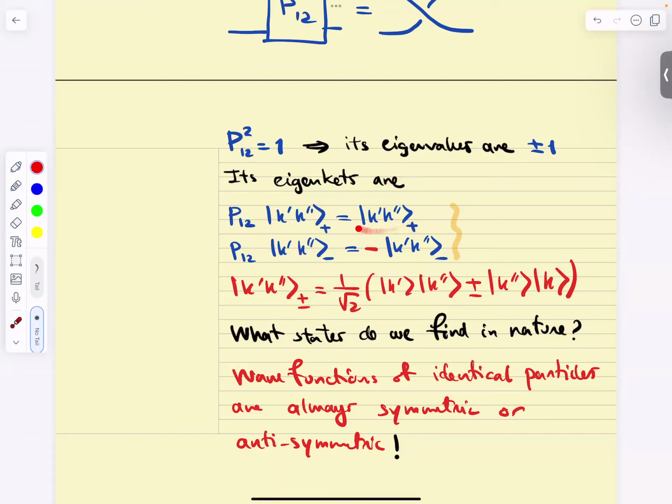The eigenket associated with the eigenvalue 1 is the swap symmetric state. Is this one. When I add the K prime, K double prime with the swap, that's clearly swap symmetric. The -1 corresponds to swap asymmetric. I just subtract that. If we check explicitly, this is the eigenket associated to -1.